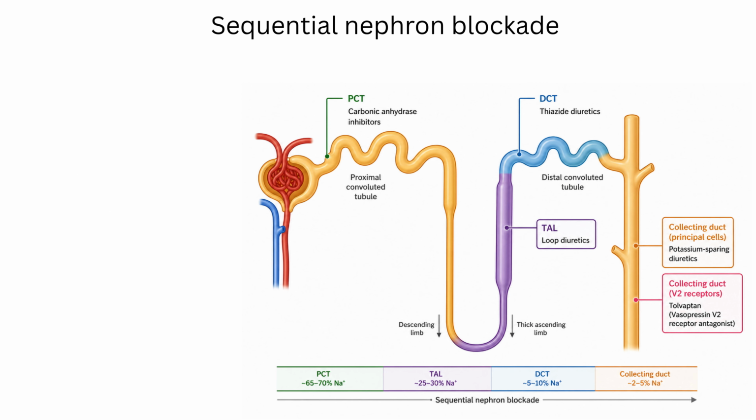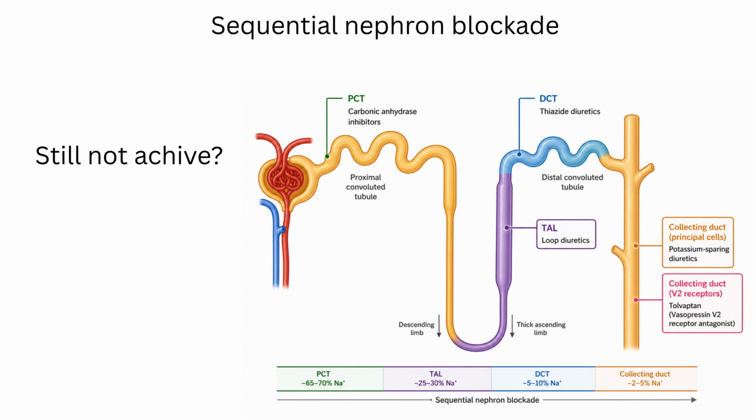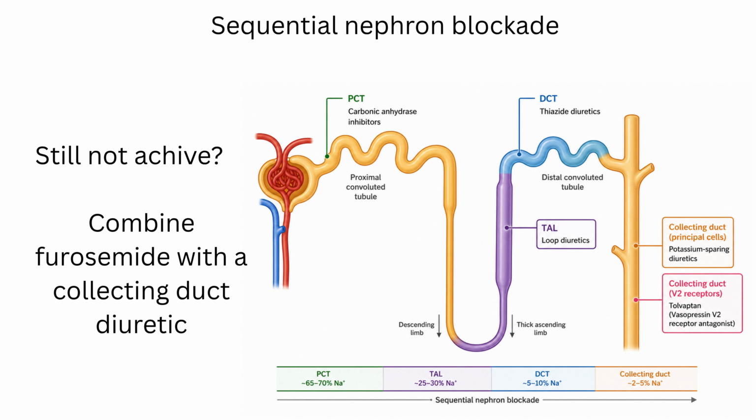If adequate diuresis is still not achieved, we can combine furosemide with a diuretic that acts on the proximal tubule, such as acetazolamide, and reassess again. If the patient still does not respond adequately, we can consider adding a diuretic that acts on the collecting duct, such as tolvaptan, depending on the clinical situation.